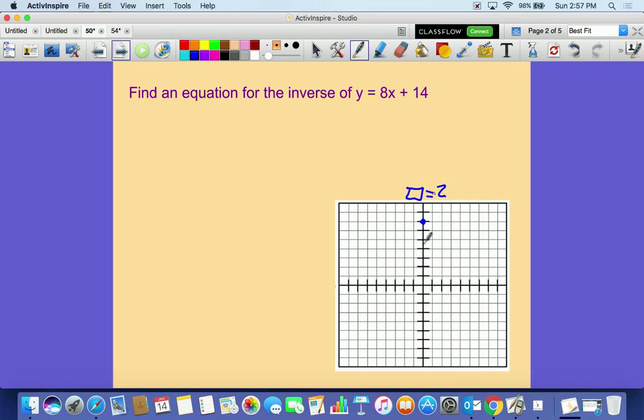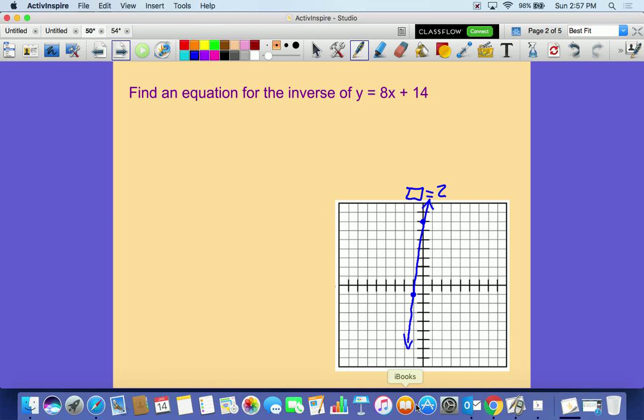Or we could go down and then back. With a slope of 8, this doesn't really matter. We can just go down 8, so 1, 2, 3, 4, 5, 6, 7, 8, and over 1. And then we draw in this line, hopefully as straight as possible.